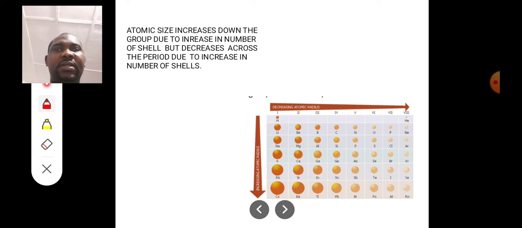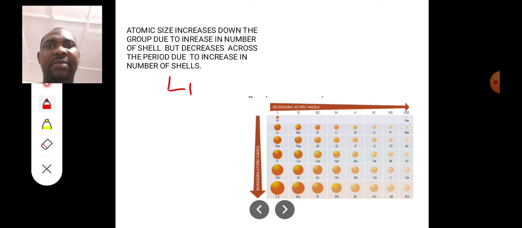Now, for this nuclear charge, there is a calculation, but I will not bother with the calculation. This nuclear charge increases when atomic number increases, and whenever there is an increase in nuclear charge, the size gets smaller. For example, let's pick elements in the same period: lithium, beryllium, boron, carbon, and so on.